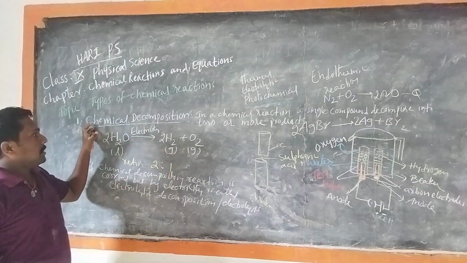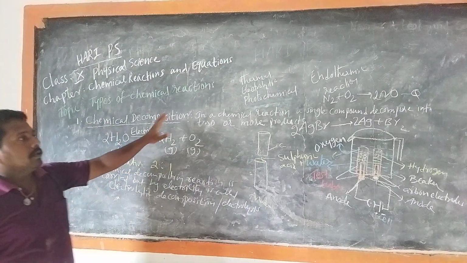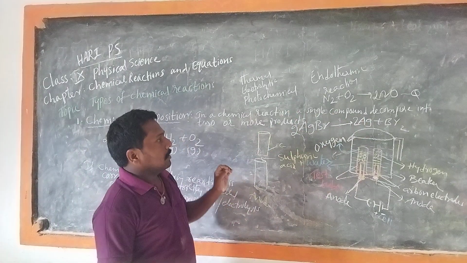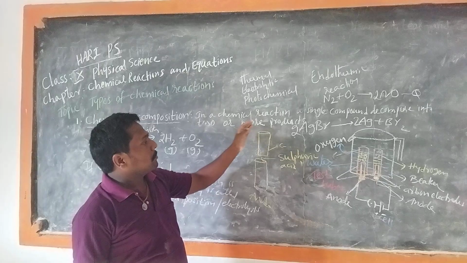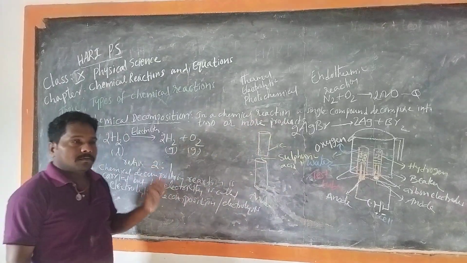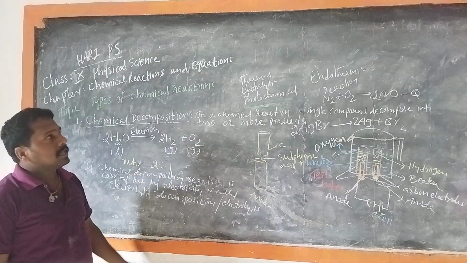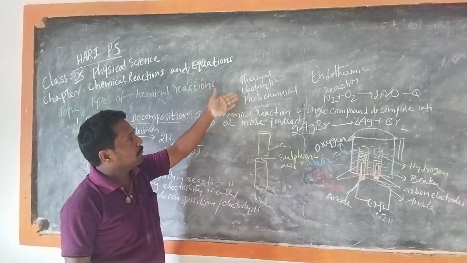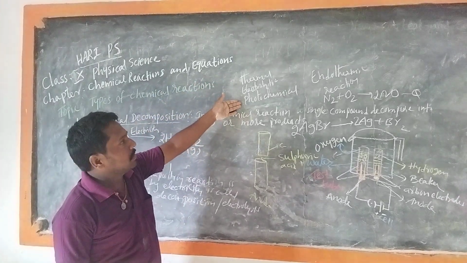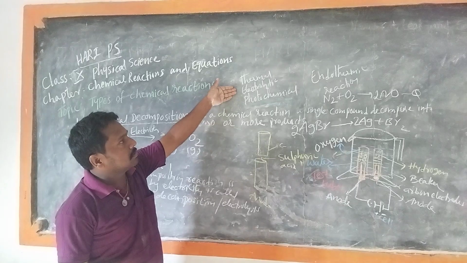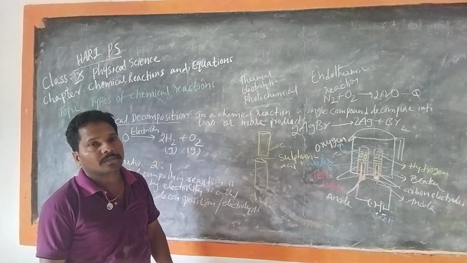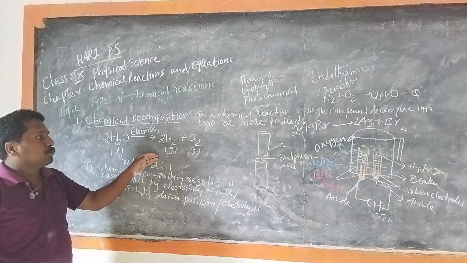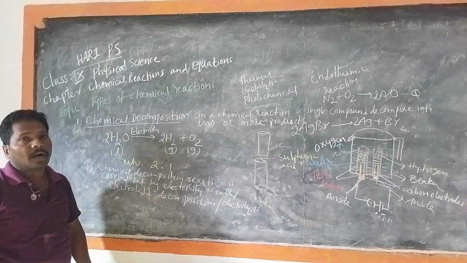So, chemical decomposition: in a chemical reaction, a single compound decomposes into two or more products. We discussed examples in the previous class, thermal and photochemical decomposition. Now we discuss electrolytic decomposition. In this way, water is dissociated into hydrogen and oxygen.